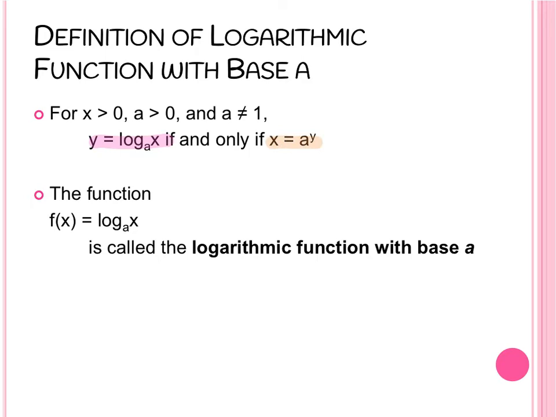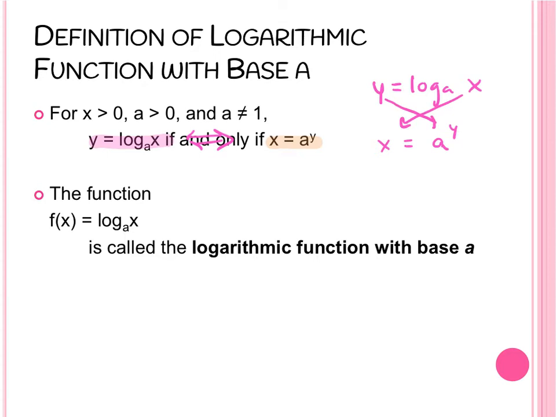And you guys learned in Algebra 2 that you can go from logarithmic form to exponential form and from exponential form to logarithmic form. You can go back and forth. So one trick we can do: if we write them on top of each other, y is equal to log base a of x and x is equal to a to the power of y, a stays in the middle, and y switches with the x.